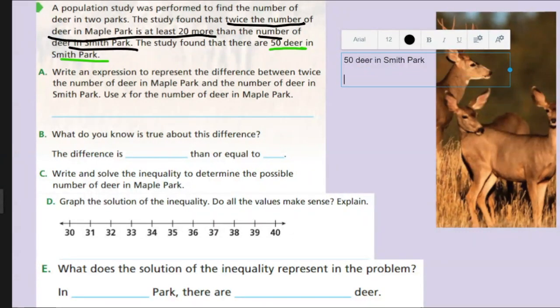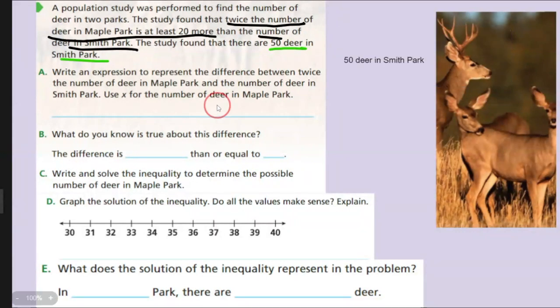We know that twice the number of deer in Maple Park is at least 20 more than the number of deer in Smith Park. So notice that part A is asking us to write an expression that represents the difference between twice the number of deer in Maple Park and the number of deer in Smith Park.